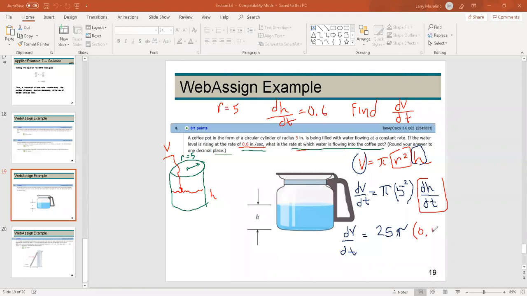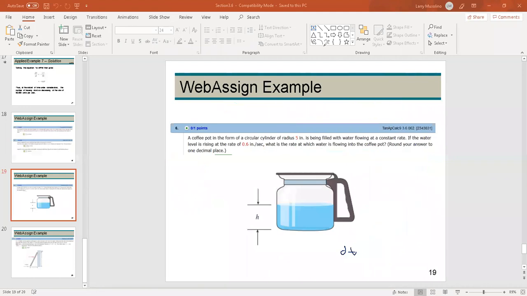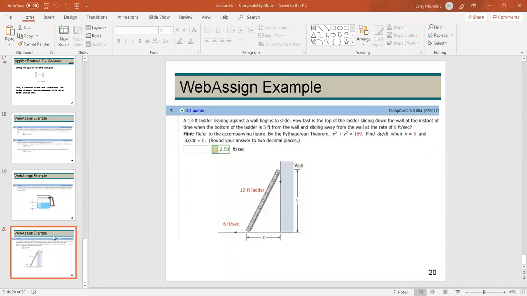And I'll just work this out on my calculator and round the answer to one decimal place as they're instructing. Okay, so the key part of this problem is recognizing the radius of the cylinder was not changing with respect to time, so we wanted to keep that as a constant in the formula.